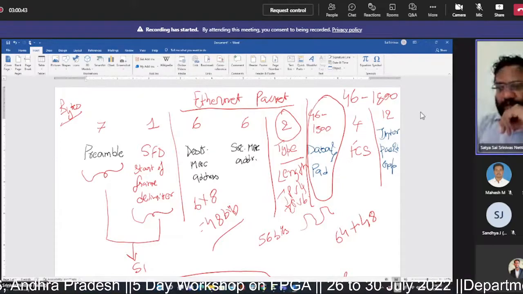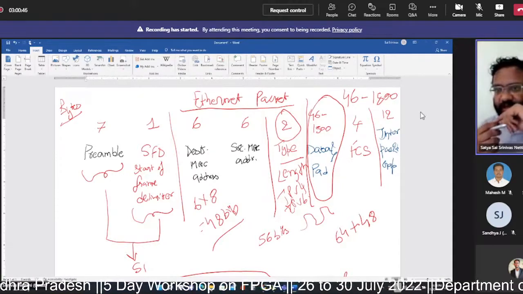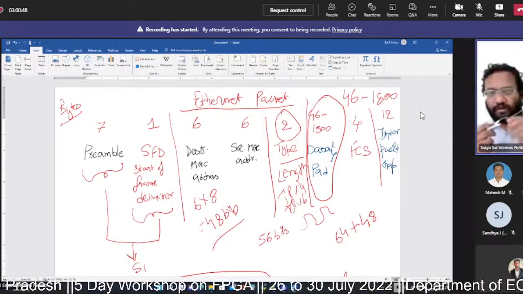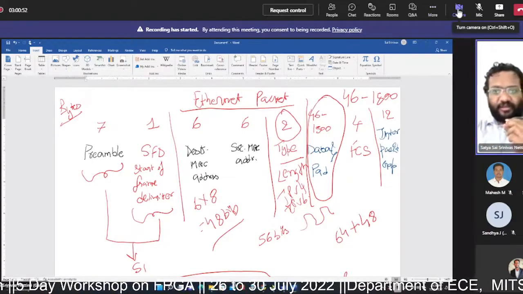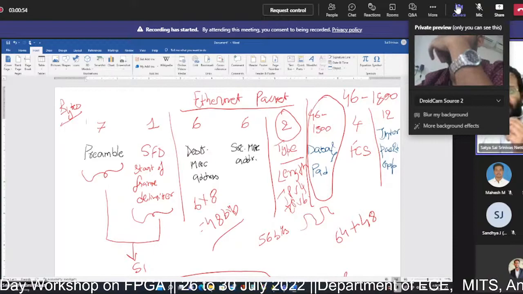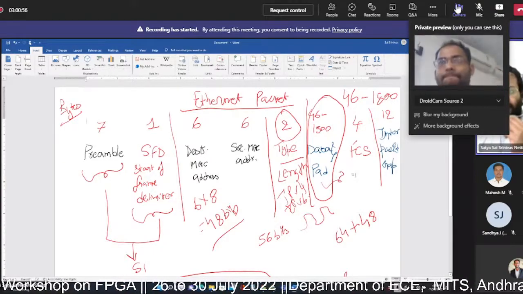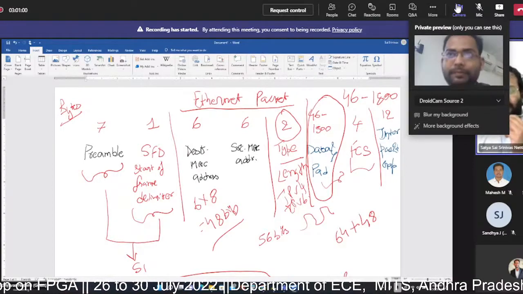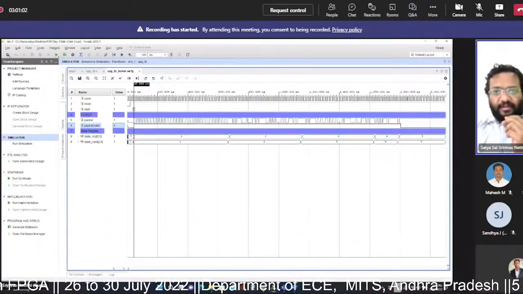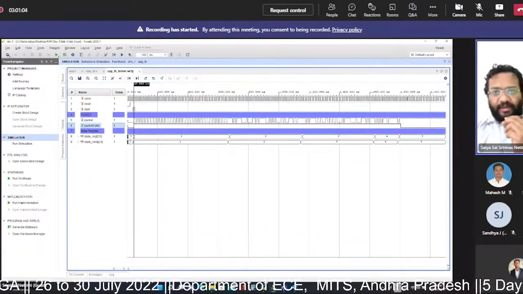Due to the time limitation, I'm not able to show you in today's demonstration appending the data and then generating the FCS in the Ethernet packet.